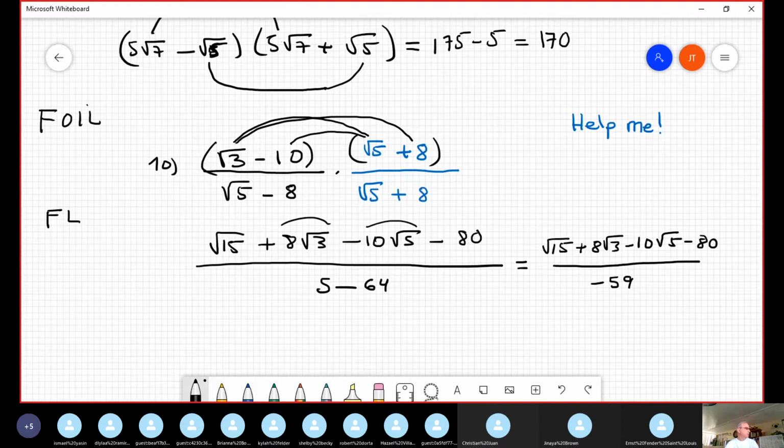So what do you consider is the correct option? Well, obviously it's either B or D. Radical 15 is positive, 80 is negative. It's obvious that it's B, because in B I can see that 80 is negative. It's B. Any question, guys?